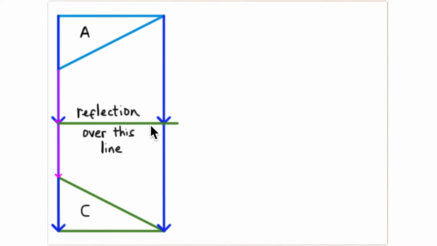So this is the line of reflection, and the movement is in a perpendicular direction to that line and an equal distance from that line. So this arrow is the same length as this arrow. This point is the corresponding point to this point right here.